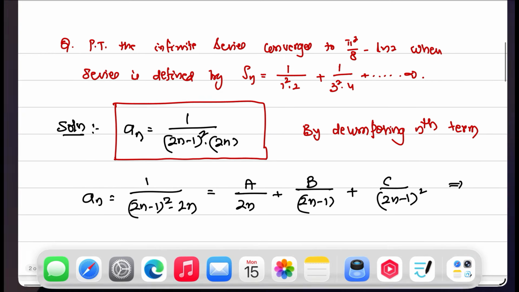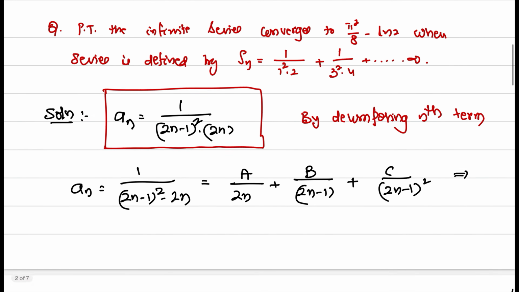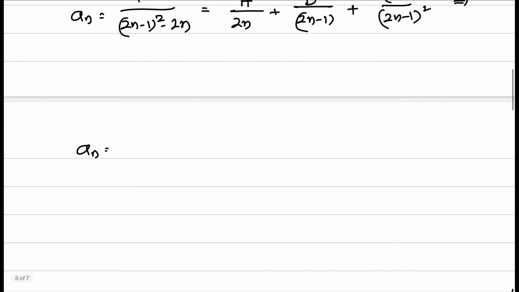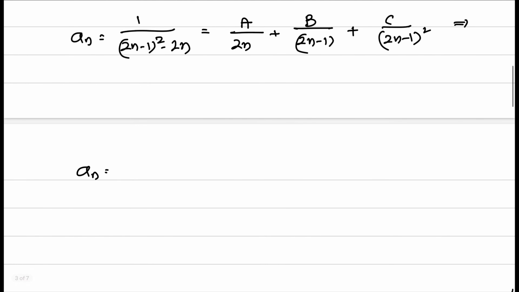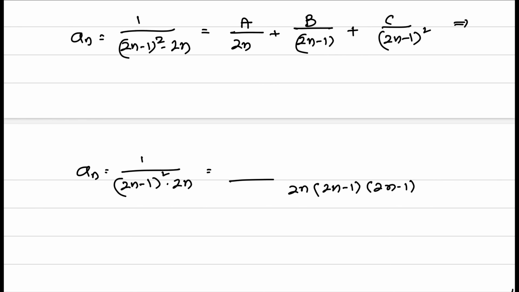Then what happens to an, 1 by 2n minus 1 whole square into 2n is equal to 2n into 2n minus 1 into 2n minus 1. Let us take it as the LCM.